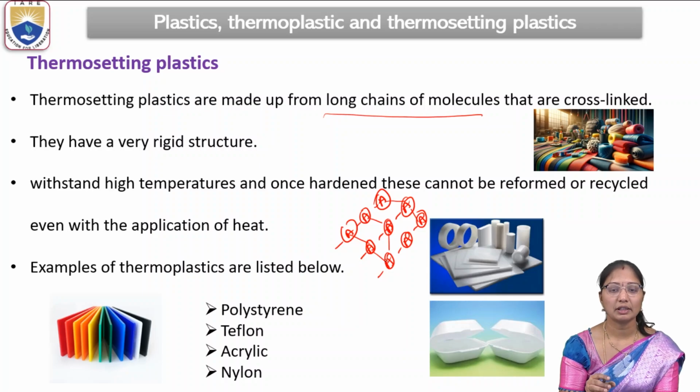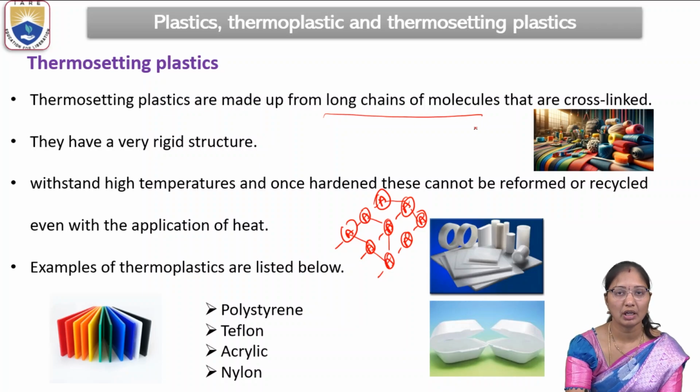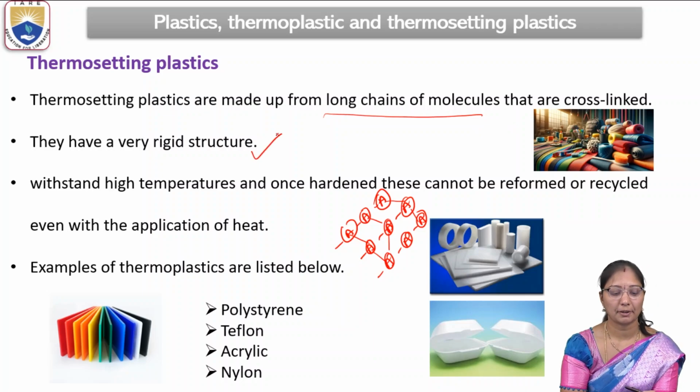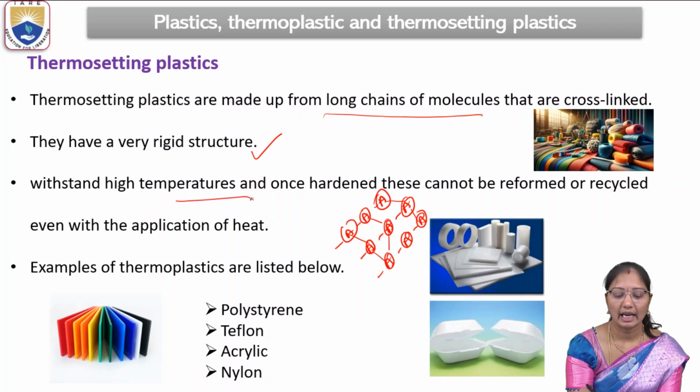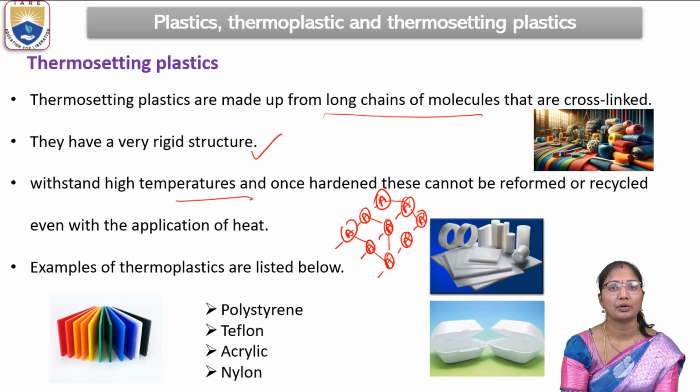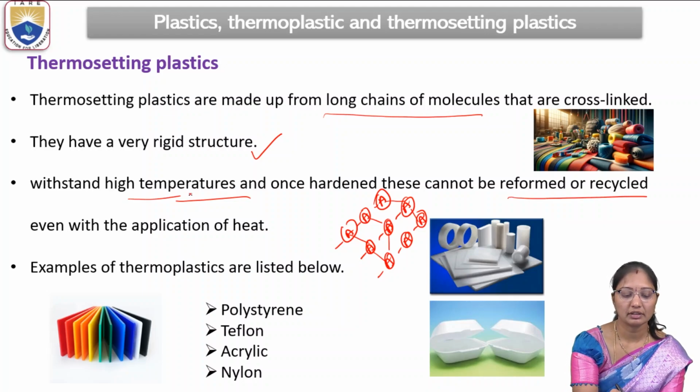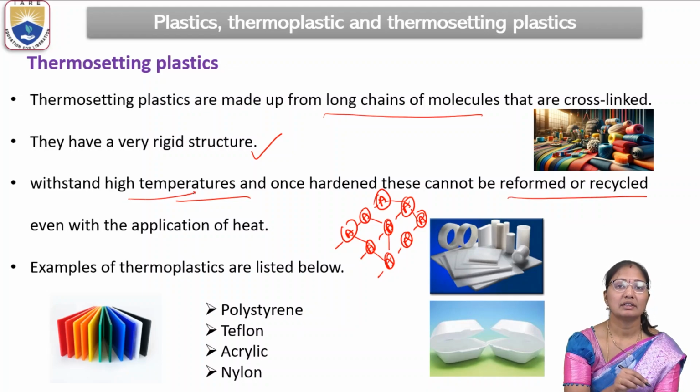These cross-links give a rigid structure to the polymer. They can withstand high temperatures, and once hardened, they cannot be reformed or recycled. This ability to withstand high temperature is the reason we use them for the handles of various utensils.